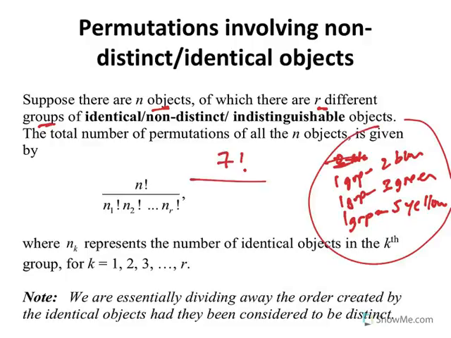This will become 7 factorial, divided by 2 factorial, divided by 3 factorial, divided by 5 factorial. All the identical objects need to be put together to do factorial. This part is in your comprehensive notes, so I just repeat: one group of 2 the same, 2 factorial; another group of 3 the same, 3 factorial; another group of 5 the same, 5 factorial.